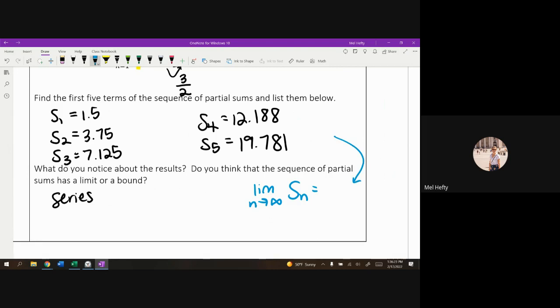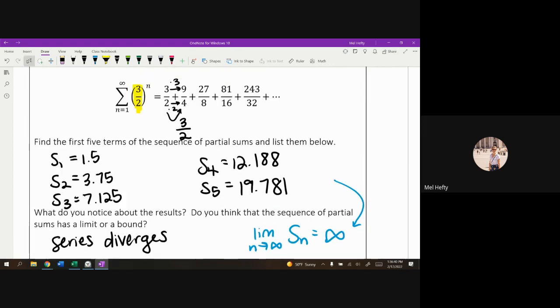Infinity. Yeah, I think these are getting a lot bigger as we go, right? So if you had to say what you thought the series did, you would probably say that this diverges. There isn't a sum that's going on. Why does that make sense kind of logically if you look at the terms?